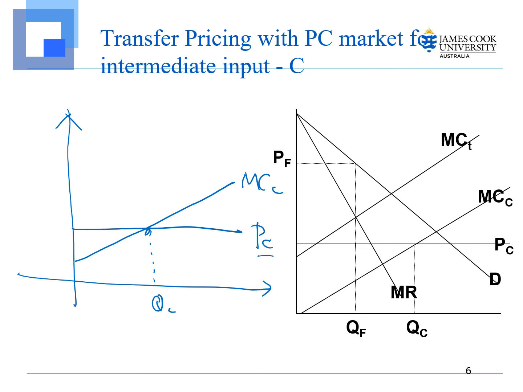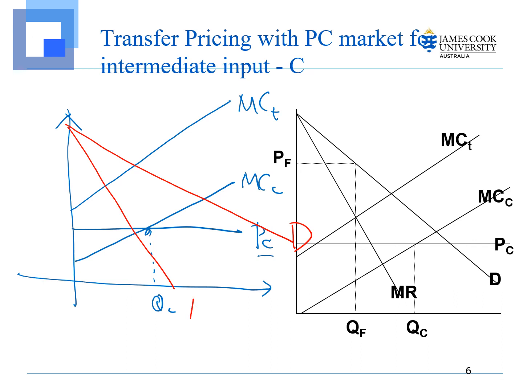For the assembly division, it can also purchase components from the component market. So the marginal cost would be something like this, different, and that is the total. Then we have the demand for final goods, with its associated marginal revenue.